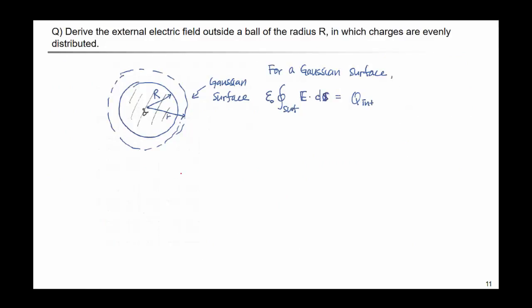So then, just as an example, derive the external electric field outside a ball of radius r in which charges are evenly distributed. Inside you have charges evenly distributed, and then find the electric field at the distance r, small r.